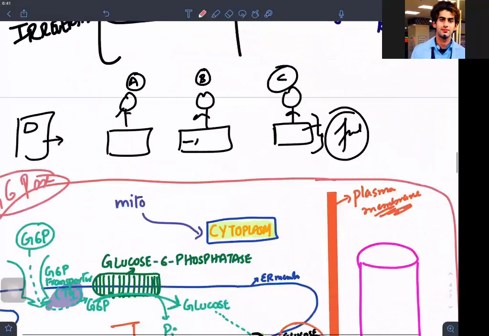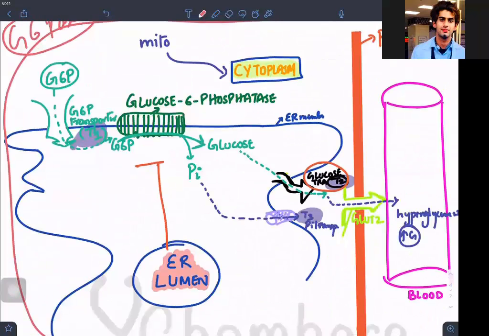So we have a glucose 6 phosphate transporter going into the endoplasmic reticulum lumen, where I have this enzyme in the membrane, glucose 6 phosphatase, converting my glucose 6 phosphate into glucose and inorganic phosphate. Now this glucose has to come into the circulation, so I would require a glucose transporter, GLUT2, present again in the ER membrane, facilitating the glucose coming out into the cytoplasm, and at the same time inorganic phosphate also coming into the cytoplasm.